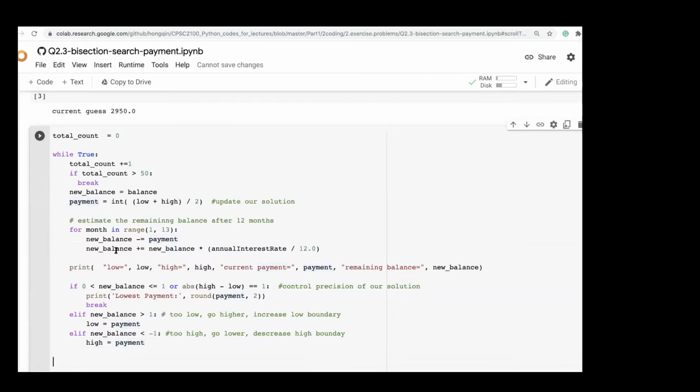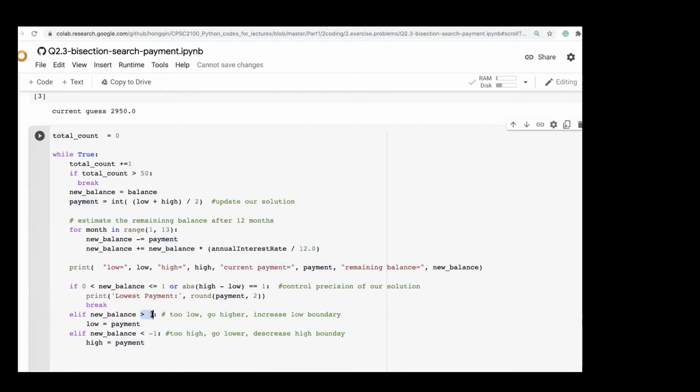If my new balance is positive, that means I have not paid off. In this example, we are just looking at the dollar one. So if it's positive, that means I paid too low. That means I need to increase my monthly payment, so I need to move the low boundary higher.